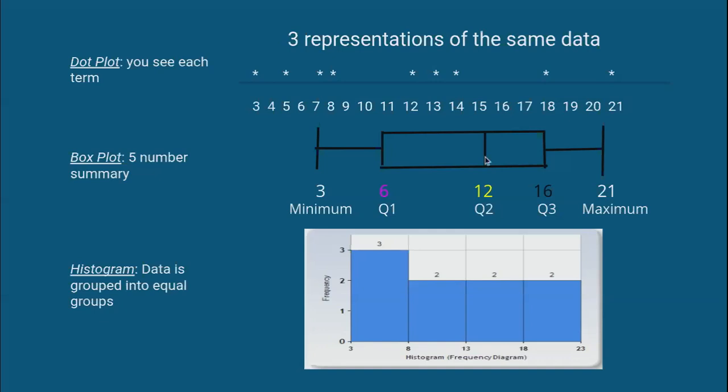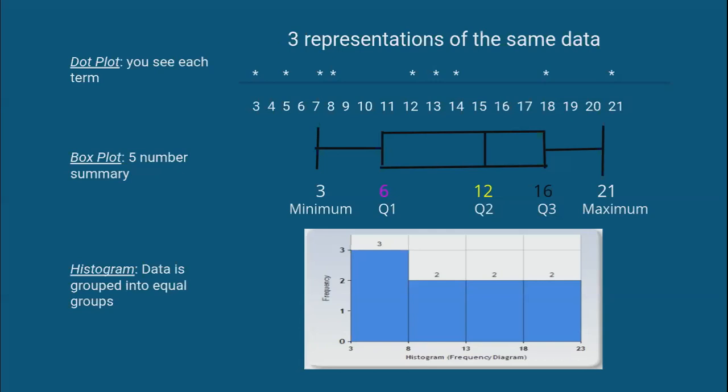We can say that the middle of the data, the median of the data, is 12. So you can get some information from the box plot. And again, it is just a summary. The box plot does not speak to individual terms, like the dot plot. A box plot, again, is a quick summary. You just need to know what's going on with the data.